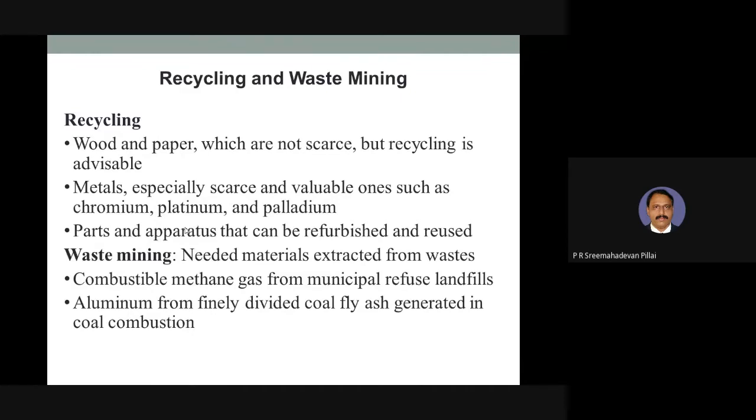Similarly, in waste mining, we can extract a lot of new materials from the waste, whether it is plastic or materials which are biodegradable quickly, like leather. This recycling may not be that easy, but up to an extent, even that is recyclable, because though it is biodegradable, up to a certain extent it may be recyclable. So most of the materials, whether it is copper or aluminum or iron, are replaceable.